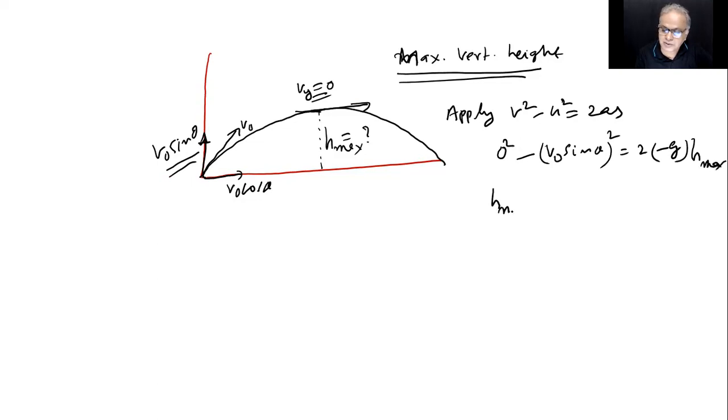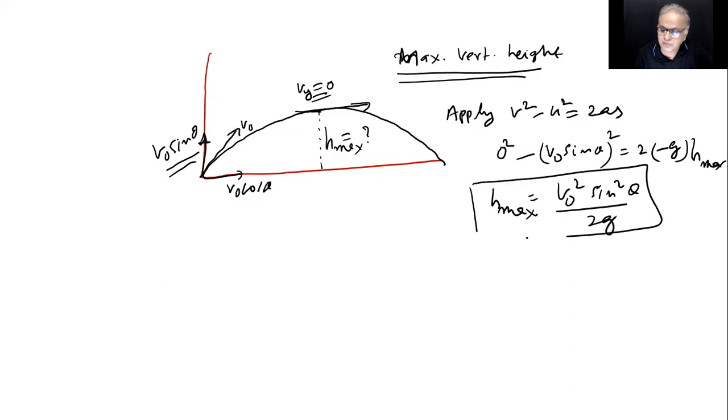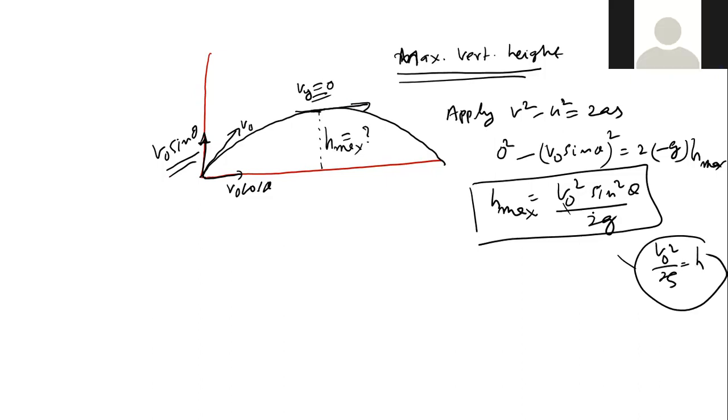So H max is V0 square sine square theta by 2g, which was V0 square by 2g when it was projected vertically up. Compare with this. If theta is 90, it will go back to that formula. Okay. Yes, sir. After that, the horizontal range.